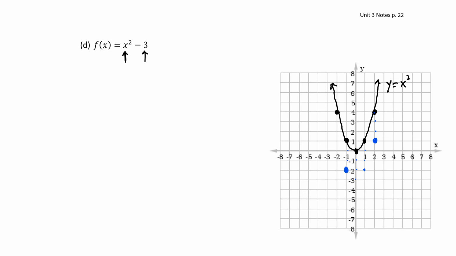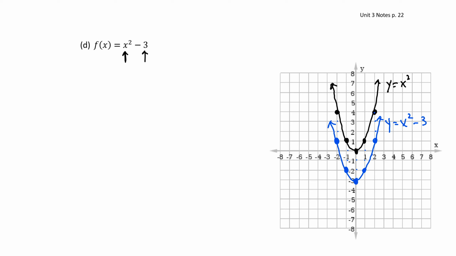Working my way across all of those points. It's a rigid transformation, so it looks like I'm picking up the black parabola, moving it down 3 units, and then setting it down. Okay, so here is the graph of our parabola, y equals x squared minus 3.